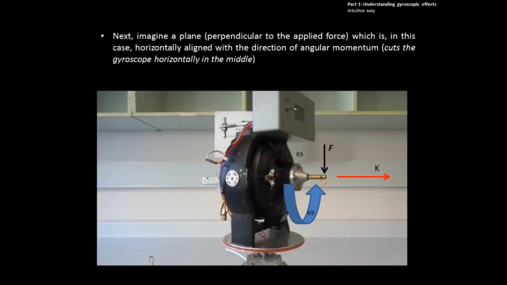Now in this case, I want you to imagine a plane which is normal to the applied force. So let's imagine a horizontal plane, in this case, which is absolutely aligned with the direction of angular momentum. So it cuts the gyro horizontally in the middle.